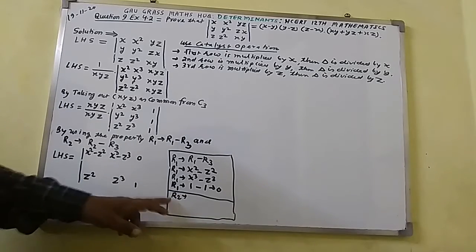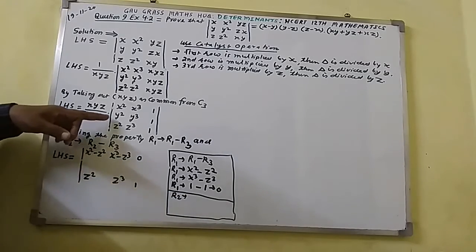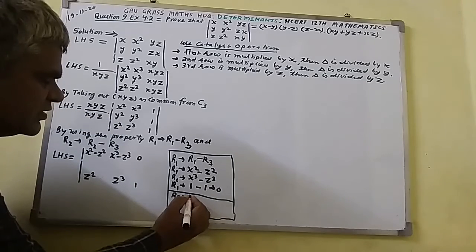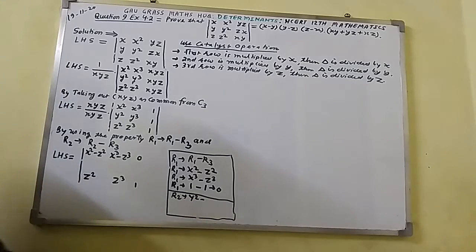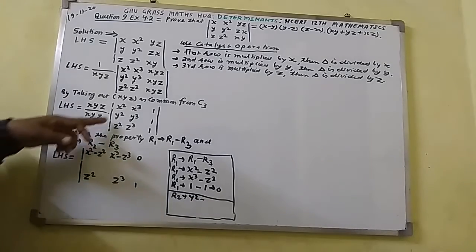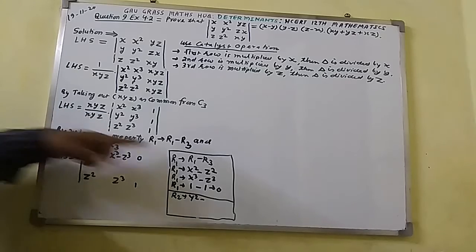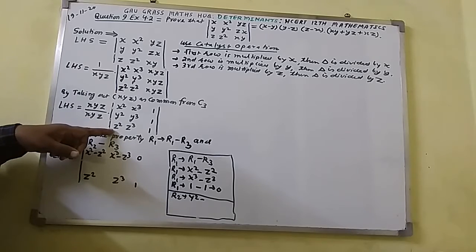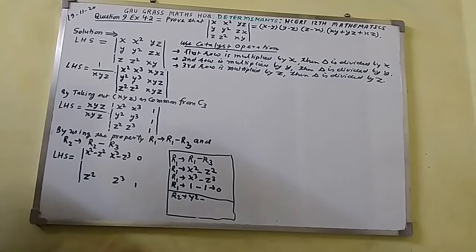If I take the element of R2 as y square, so here write y square minus y square I have written, and R3, the corresponding element of y square in the third row is z square. So here I write z square.